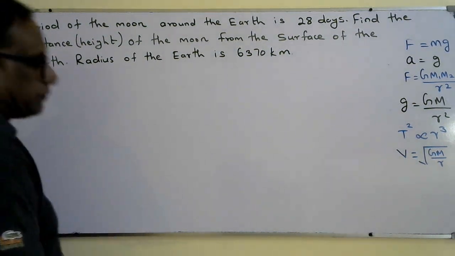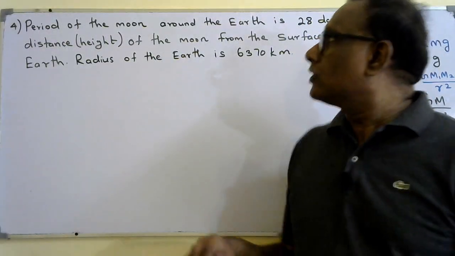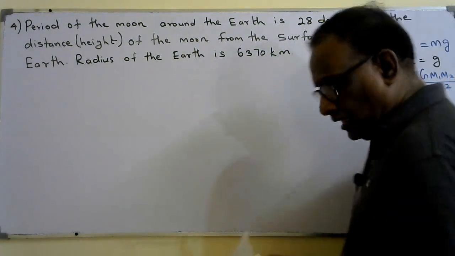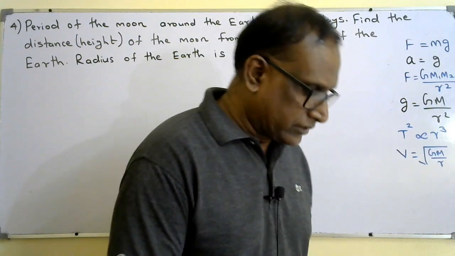Okay, so the next question, question number 4. The period of the moon around the earth is 28 days. Find the distance or height of the moon from the surface of the earth, where the radius of the earth is 6370 kilometers. The mass is given, I forgot to write it.